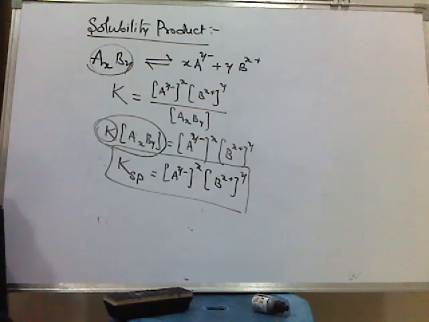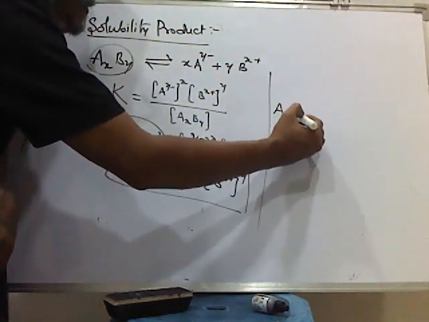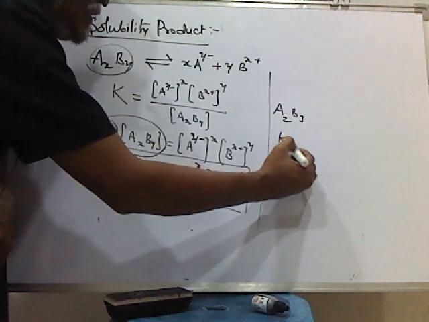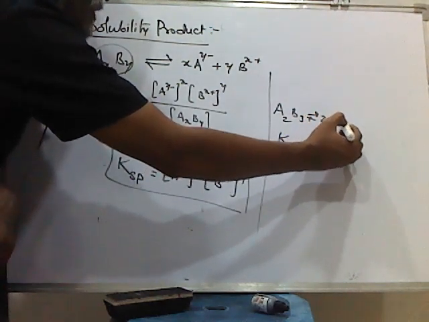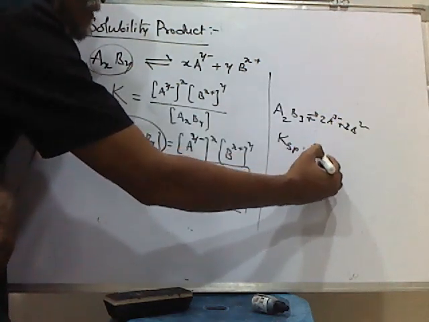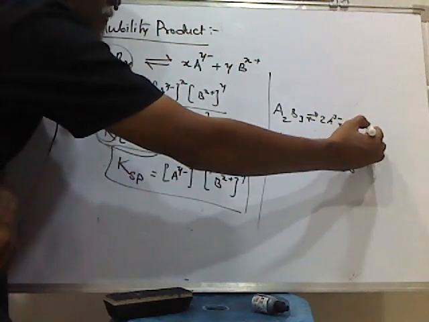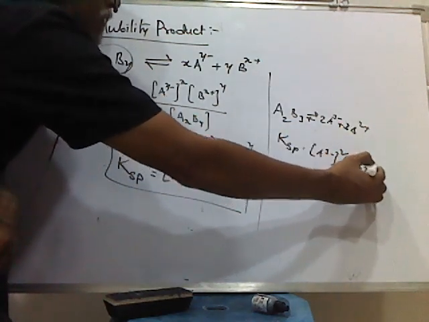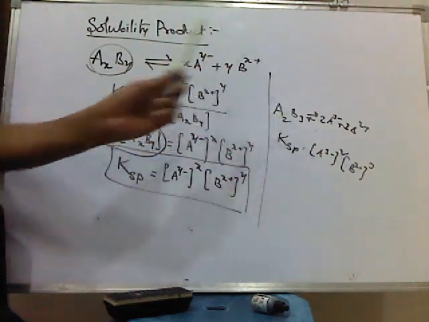So if you take a sparingly soluble salt like A2B3, then what is the Ksp? Ksp is equal to [A^(3+)]^2 times [B^(2-)]^3. This is the solubility product constant for the A2B3 salt.